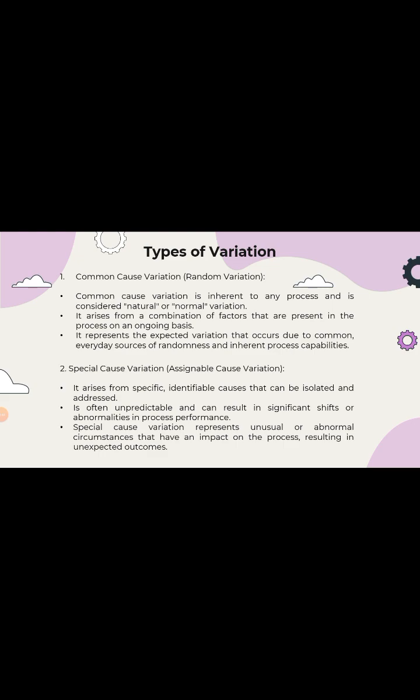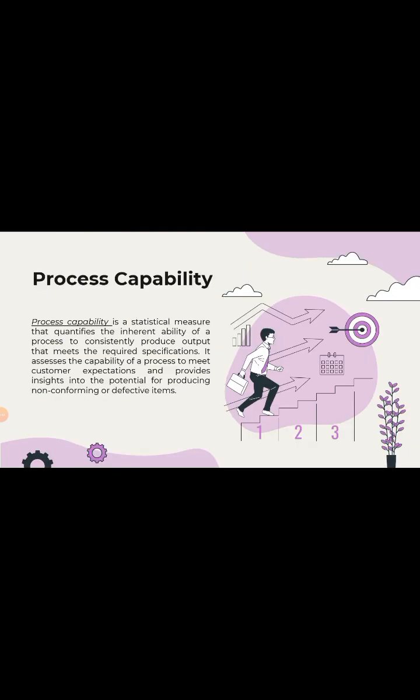The second part, we call process capability. Process capability is a statistical measure that quantifies the inherent ability of a process to consistently produce output that meets the required specifications.